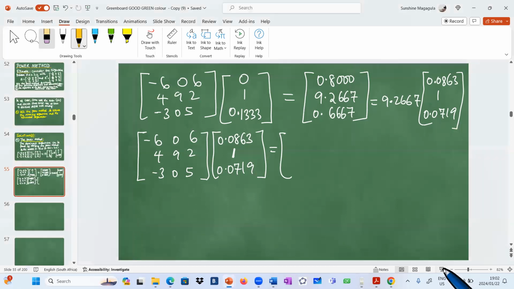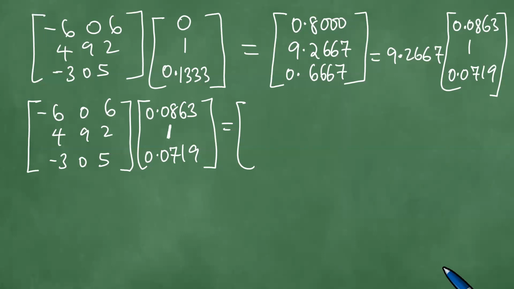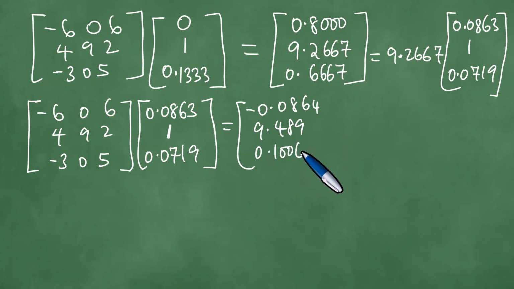Okay. And then now with this said, we proceed. So what is the meaning of this? Right, the meaning of this here is that when we multiply, we're getting the minus 0.0864, 9.489, 0.1006.